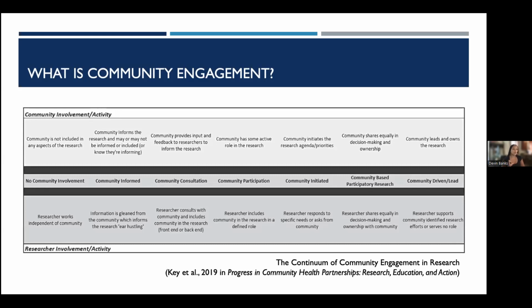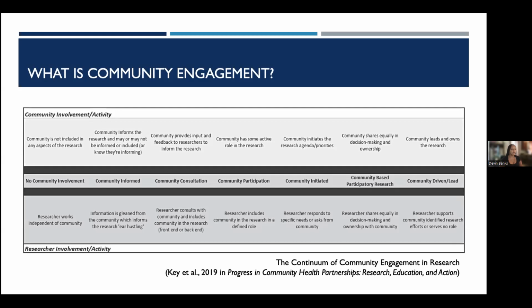So you'll see that the spectrum really goes from no community involvement, the community is not included in any aspects of the research, the researcher works independently of the community, all the way to community-driven, led. So the further right you get, the more community engaged it is according to this spectrum.